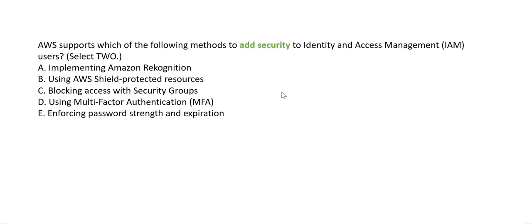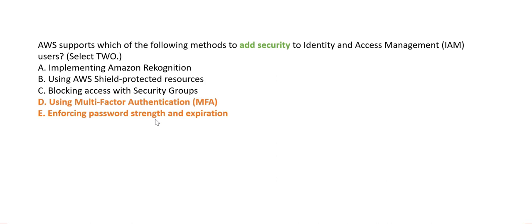So which methods will you use to add security to IAM? So these two are right options: MFA and enforcing password strength and expiration. This is common sense even for any of your accounts. You see they maintain password strength expiration.